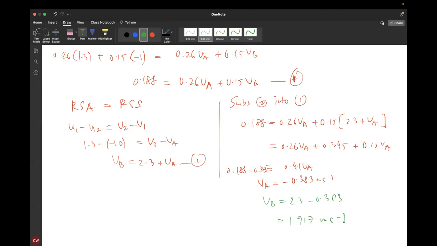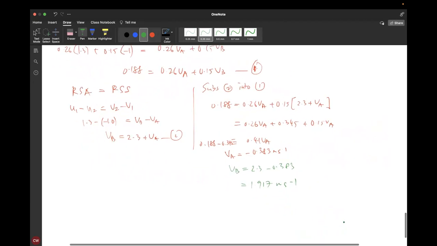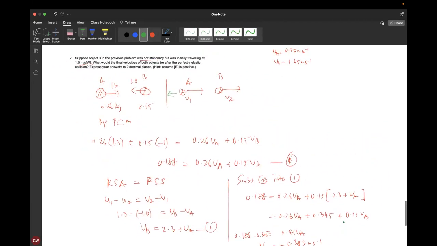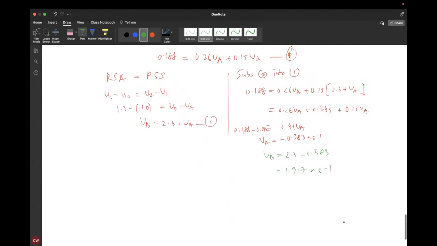Any question? No? Okay. Answer that one only to two significant figures. That means the first answer is 1, second answer is 1.92.